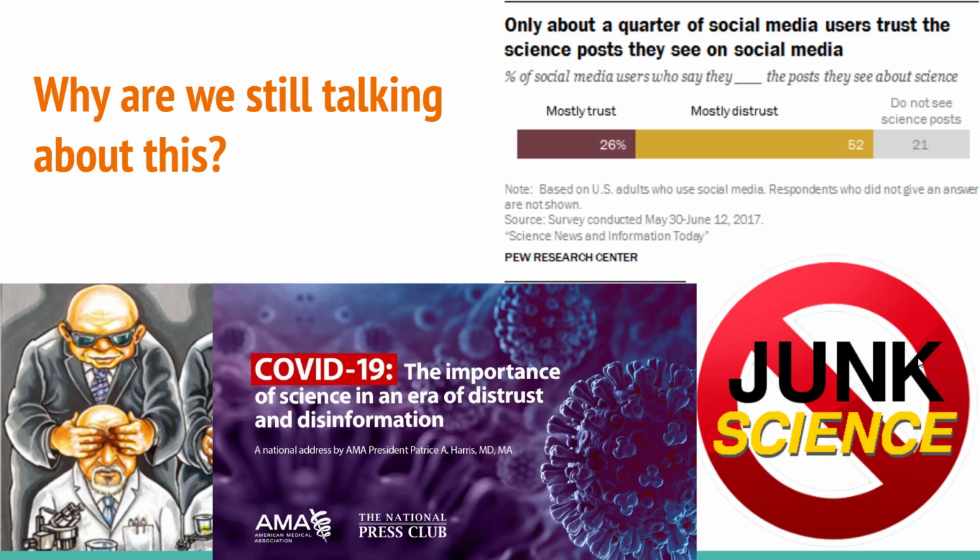There was some interesting data that came out in 2017 that said only about a quarter of social media users trust the science posts that they see on social media. And those are legitimate scientific posts, like from a peer-reviewed journal article.